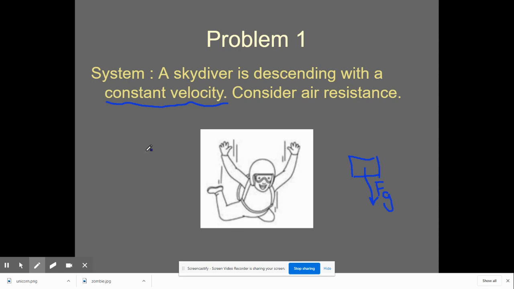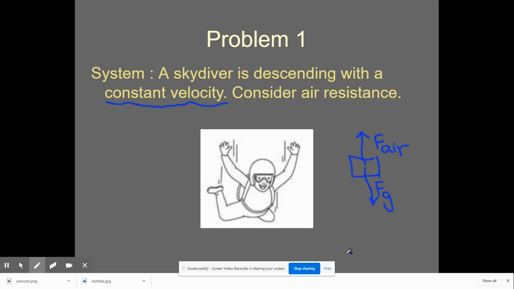If he had unbalanced forces and there was a net force, then I would see him speeding up or slowing down or changing direction, and he's not. So that tells me that the air resistance vector should be the same length as the gravity vector. And here, I'm going to put air.